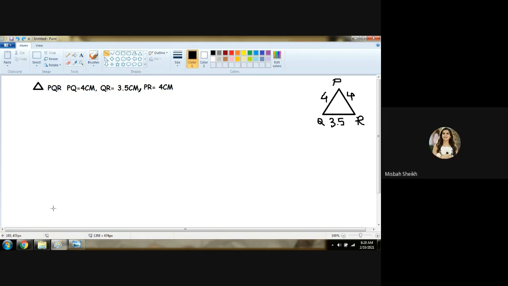Yes, sir. So let us draw with the help of scale and pencil 3.5 centimeter, taking this point and this point as Q and R. Understood, girls?